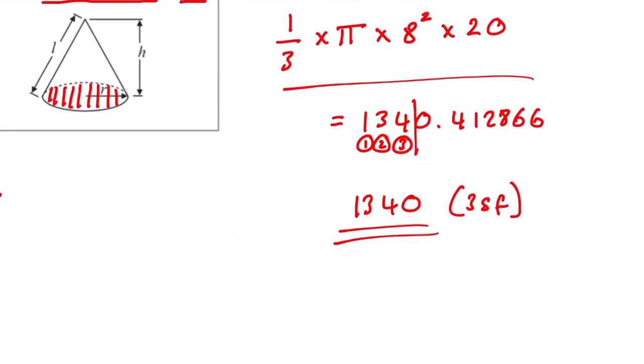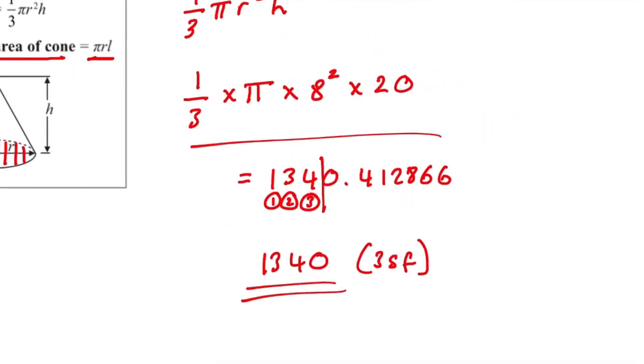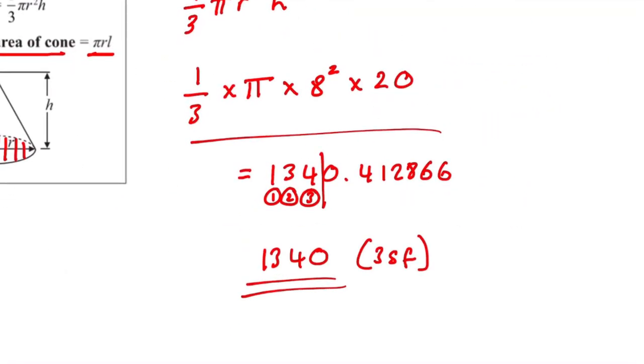Okay, that's a good question. Why did I add 0 if it's 3 significant figures? So we've got 1340, from 1340.41286. When we're rounding it to 3 significant figures, it still has to be a close number. If we just rounded it to 134, that's nowhere near 1340. That's why we have to add a placeholder back on, because this is the thousands, this is the hundreds, this is the tens, and this is the units.